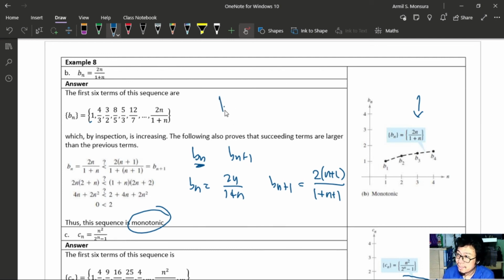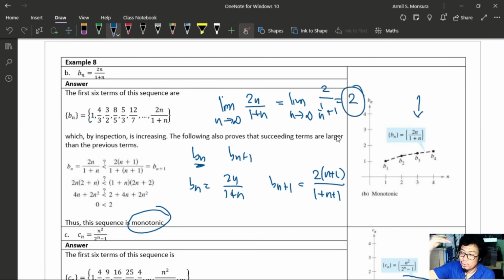Actually, if you evaluate the limit of 2 raised to n over 1 plus n as n approaches infinity, this is basically the limit of, I'll divide n on both the numerator and the denominator, so this becomes 2 over 1 over n plus 1 as n approaches infinity. So therefore, this limit is 2. This limit now is the upper bound of your sequence.